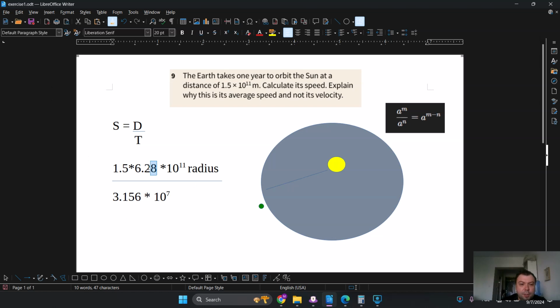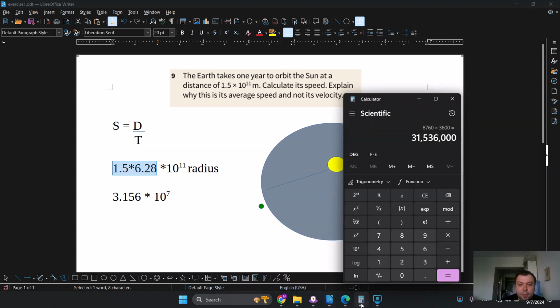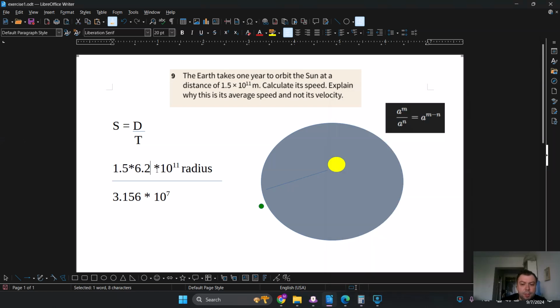So let's calculate this. How much is 1.5 times 6.28? 9.42, right? So here is 9.42 and here is this large number. So how to recalculate it?